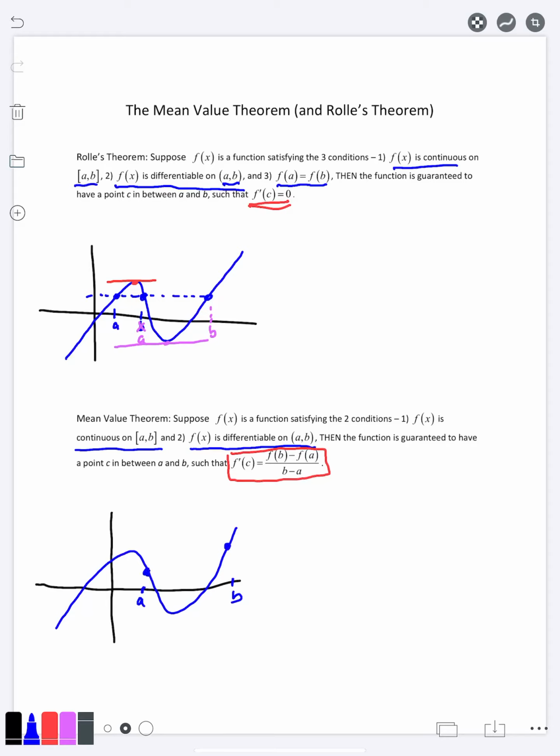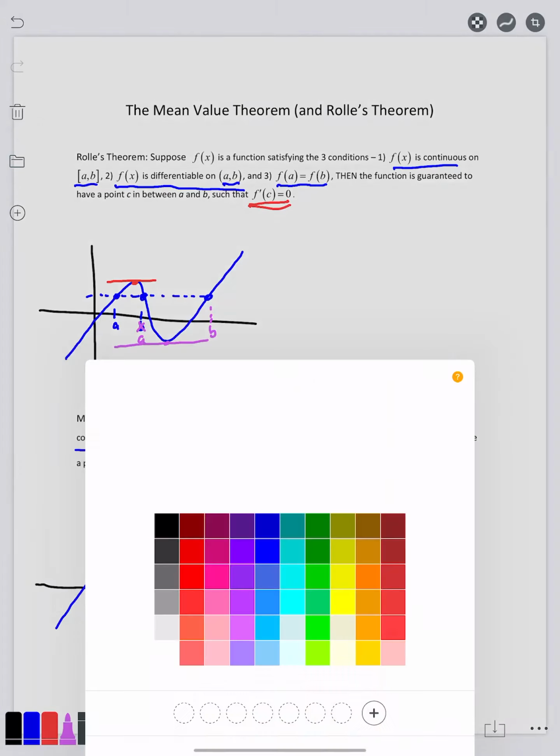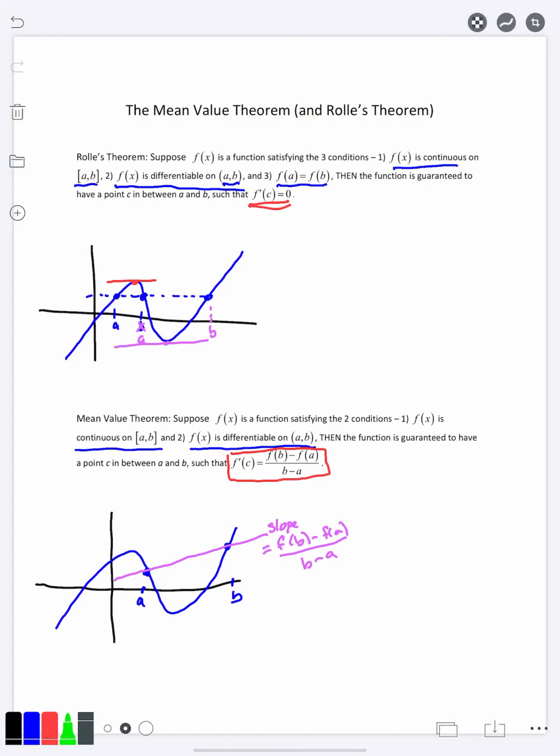Now what this is telling us is that if you were to draw the line straight between them, and I asked you what the slope of that line was, well, it would be exactly this right-hand side here, f of b minus f of a over b minus a. So that means that if you find the slope between those two endpoints, now we can apply this theorem. It says the derivative is going to equal that number somewhere. So that means that there's going to be a tangent line somewhere, and that tangent line will be parallel to the line that joins them.